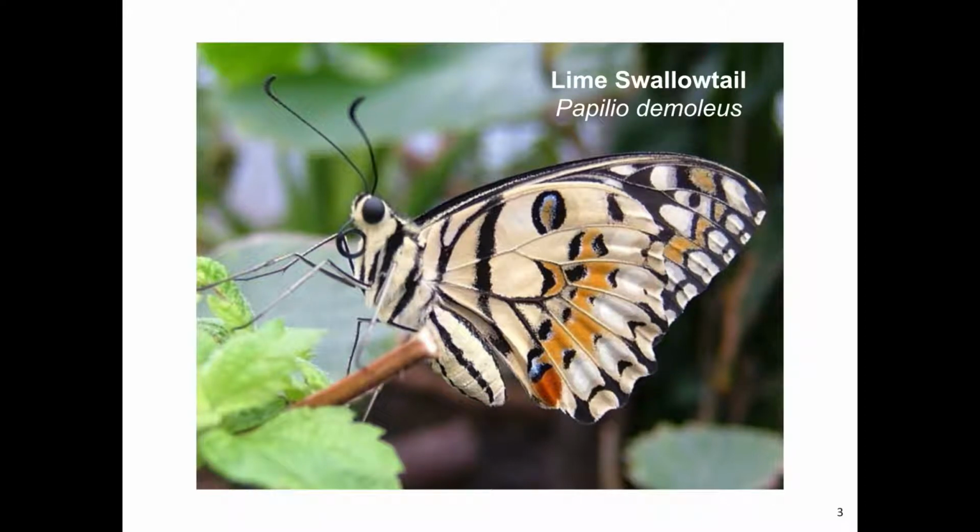And within 3 years, the lime swallowtail had established itself in the nearby island of Puerto Rico and Jamaica, and it has now reached Cuba as well. And from Cuba, it's just a short flight to Florida, and the multi-billion-dollar citrus industry that we have in the United States could essentially be wiped out by this invasive species.